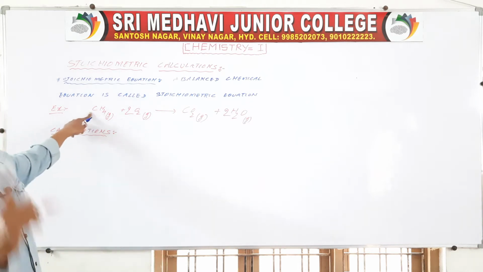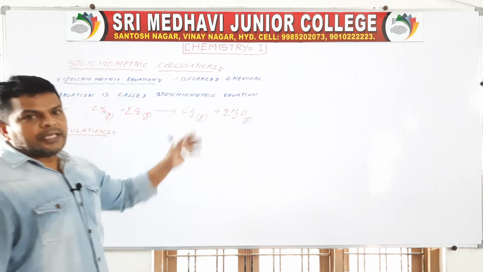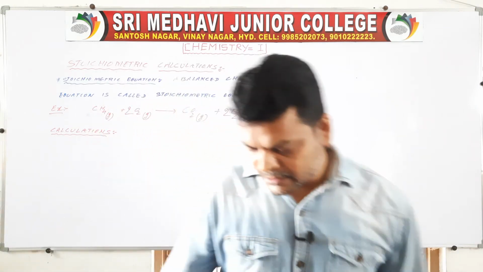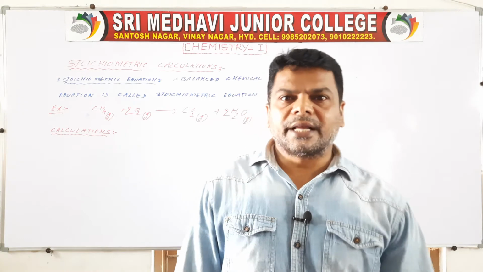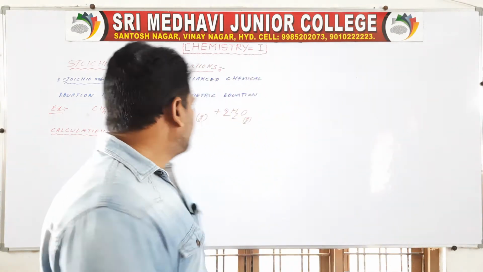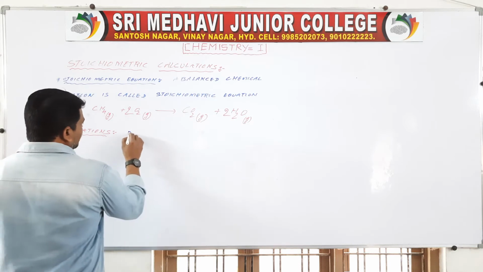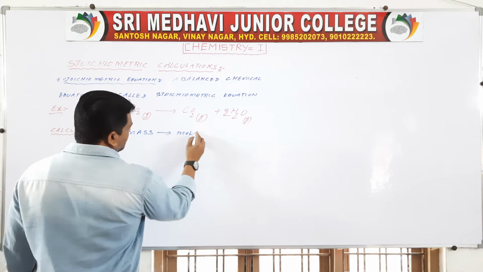What are its coefficients? 1, 2, 1, 2. These are nothing but stoichiometric coefficients. For balancing chemical reactions, we have to take some coefficients. They are nothing but stoichiometric coefficients. Calculations can be done in mass, moles and molecules.